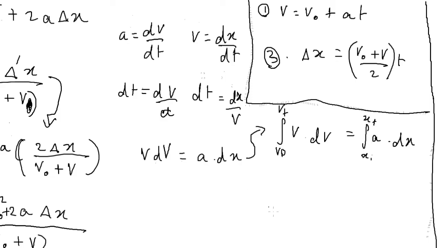Now, when we evaluate the integral of velocity with respect to velocity, we get the velocity squared divided by 2. And then we substitute the values of the limits and we get half final velocity squared minus the initial velocity squared. And that equals the evaluated integral over here, which is just the acceleration times the final position minus the initial position, which is just displacement.